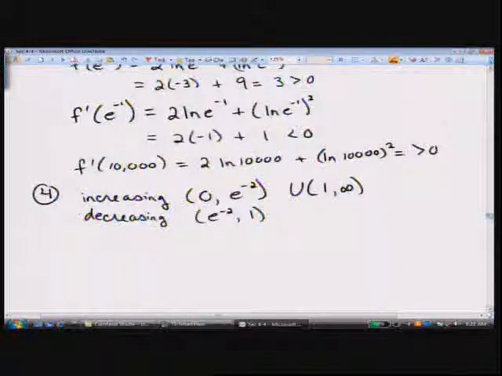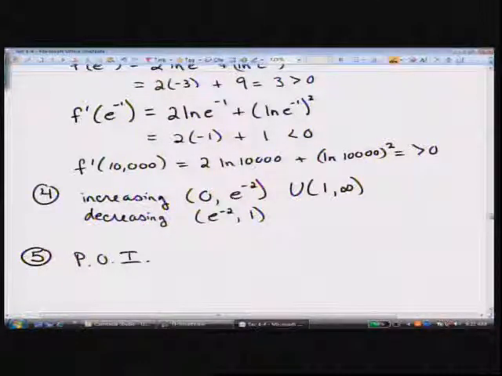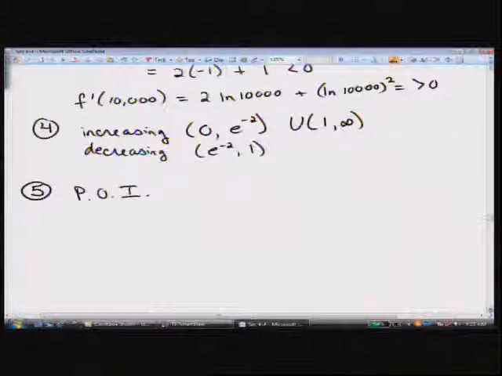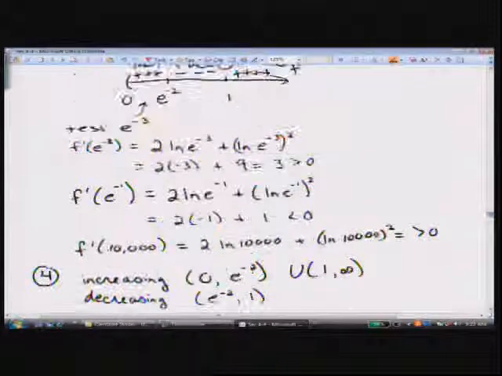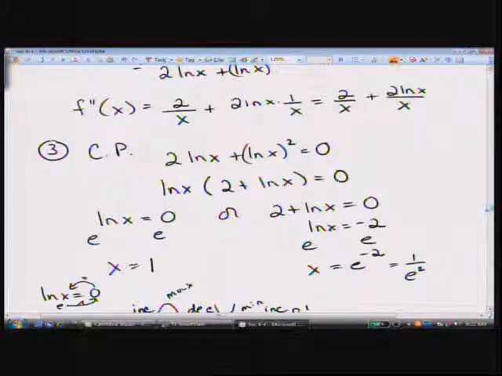All right, now, number 5 is our points of inflection. How do we find points of inflection? Good, find where the second derivative equals 0. Our second derivative was 2 over x plus 2 ln x over x.